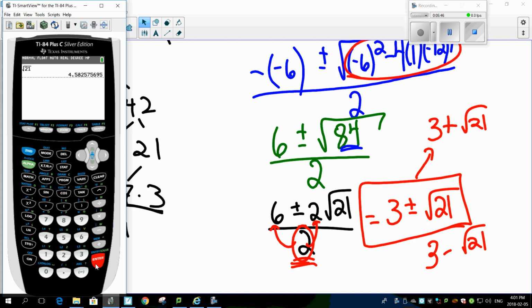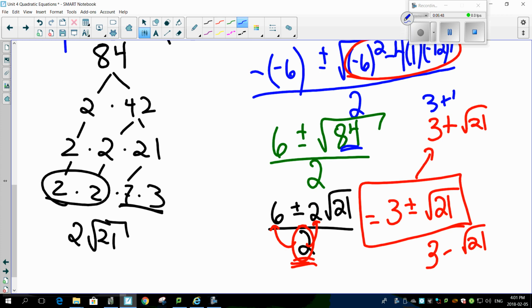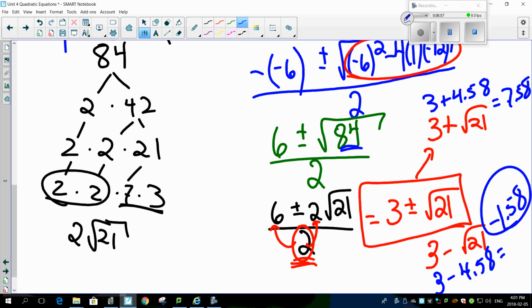So this is like saying 3 plus 4.58. This would be 3 minus 4.58. And of course, the problem with that is it's a rounded number now. This works out to be 7.58 is one of them, and the other one is 3 minus 4.58, which works out to be negative 1.58. So there's my two numbers here and here.